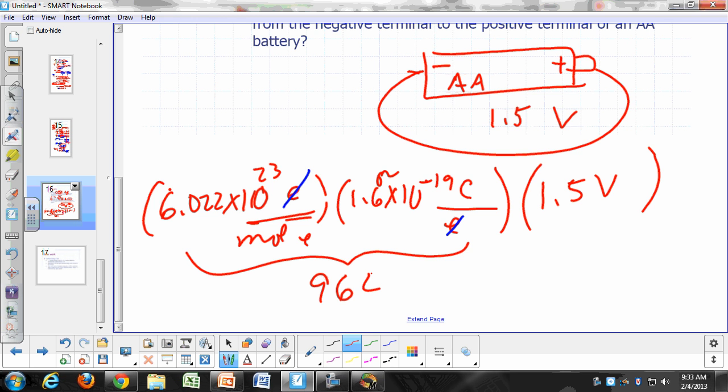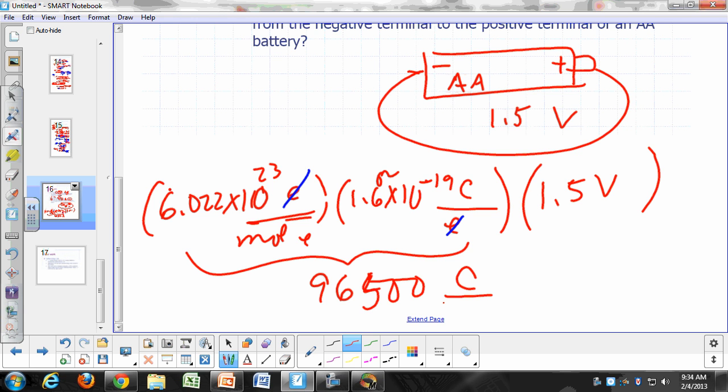I thought that was 96,500, to 3 sig figs. 6.022 times 1.602. Okay, so it's 96,500. The exact value for that is 96,487.